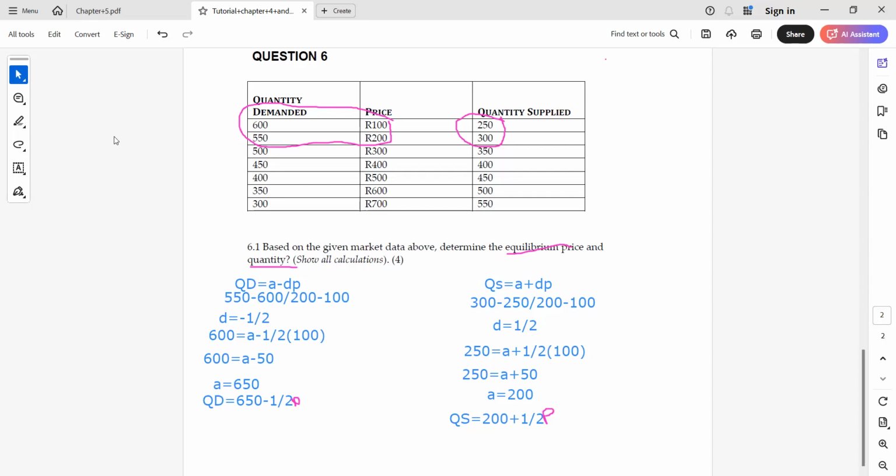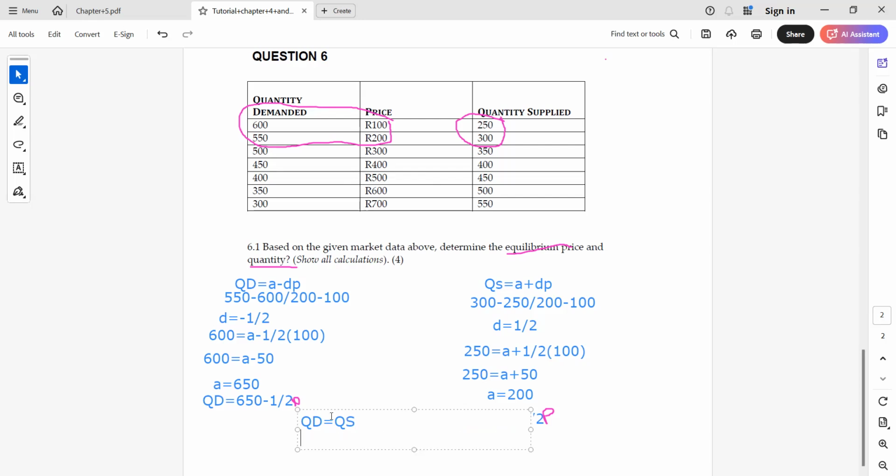You say, let me just try to write here. Don't have space. So what you say is quantity demanded equals quantity supplied, because we know that at equilibrium the quantity demanded is equal to the quantity supplied, right?